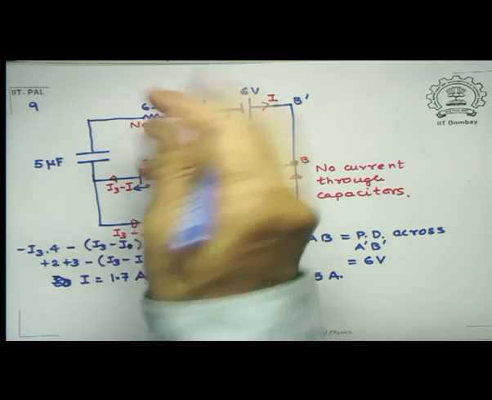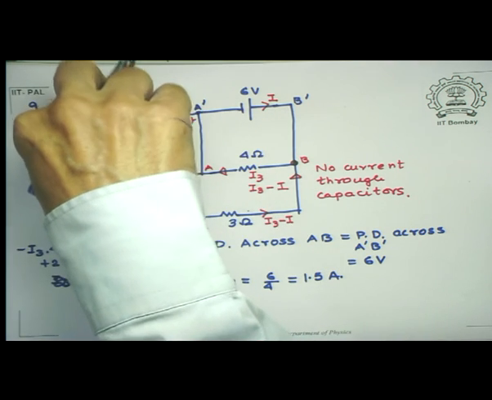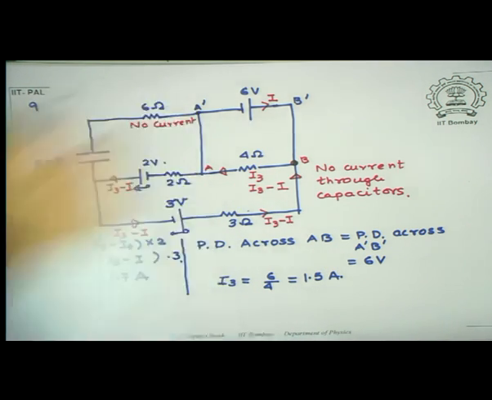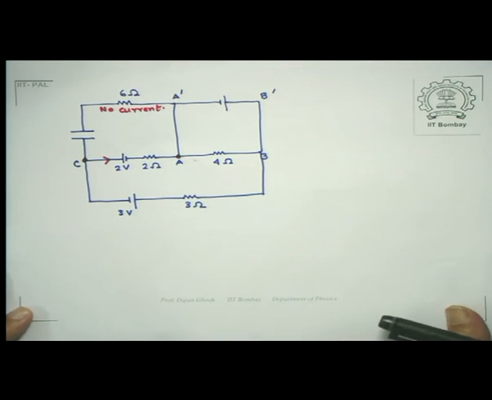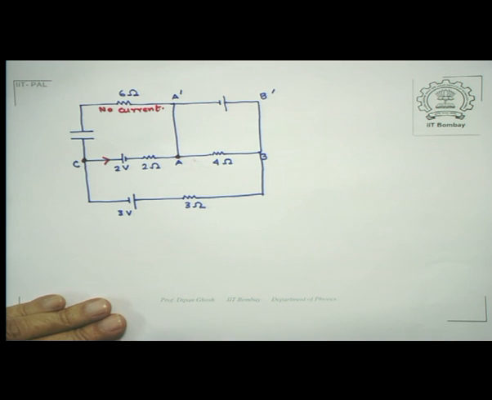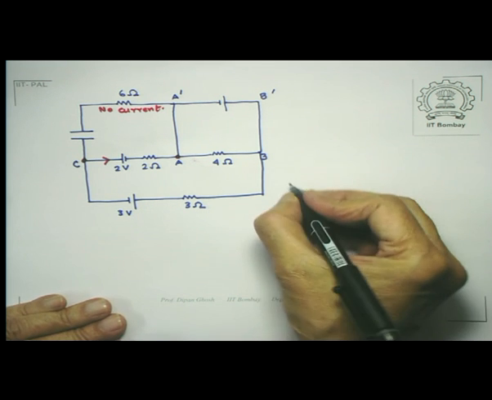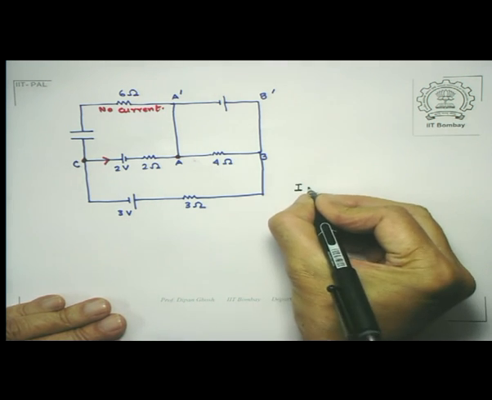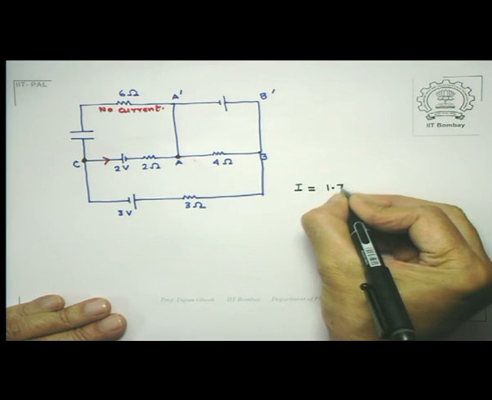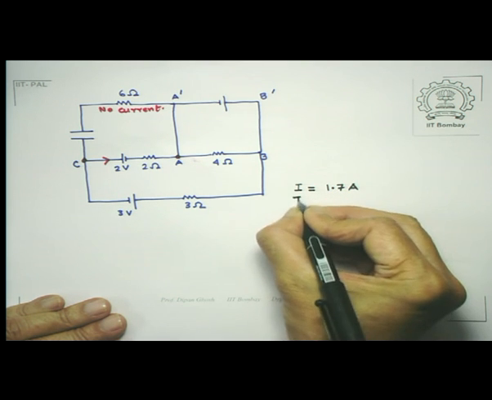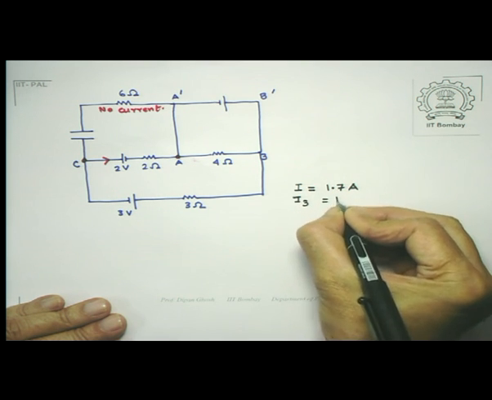Now, supposing I am interested in finding out what is the potential drop across these two. So let me redraw that circuit, and what we have shown is that the current I was equal to 1.7 amperes, I3 is 1.5 amperes.